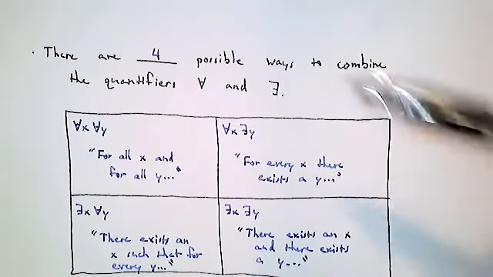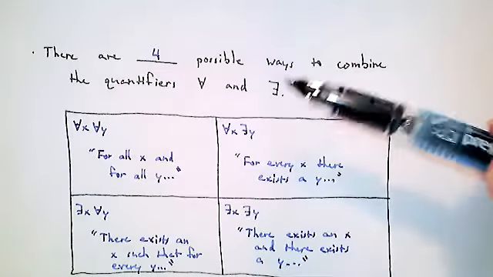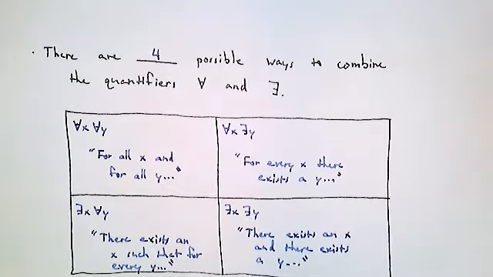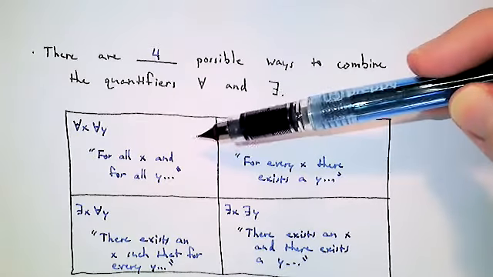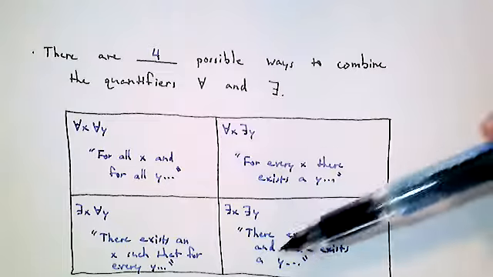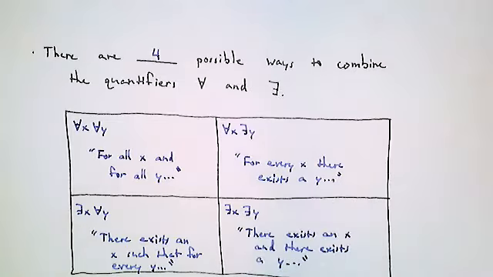Okay, so these are the four possible ways, and after this we're going to look at examples of each of them. I guess we've already seen an example of the first one, but we're going to look at examples for the others as well.